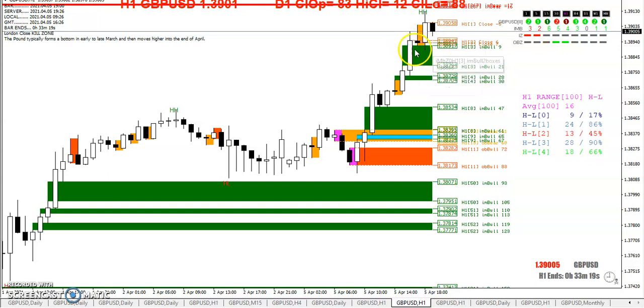Price put in an imbalance, came back here, went into the imbalance, then shot out, and that trade was good for 10, 15 pips if I remember correctly. That's just trading off those imbalance zones.